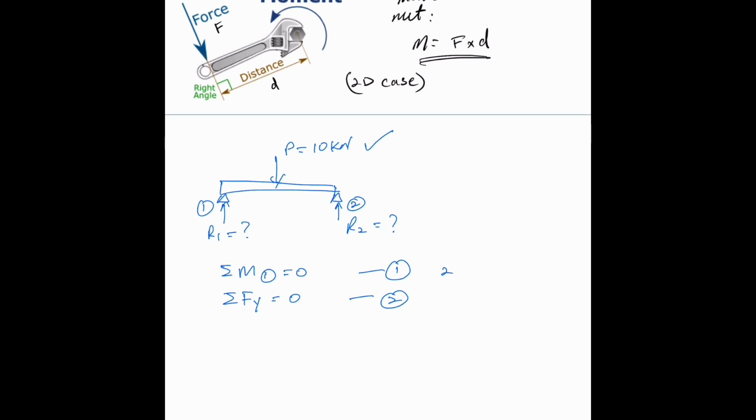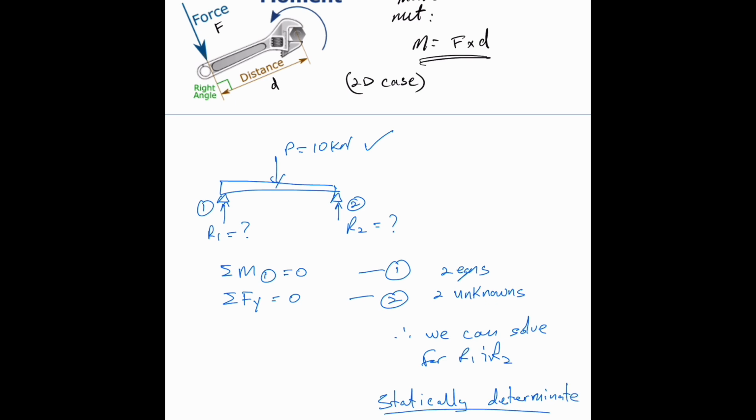Now we have two equations and two unknowns, so we can solve for R1 and R2. This is what we call the beam being statically determinate, because we could determine the unknown forces and moments in this beam.